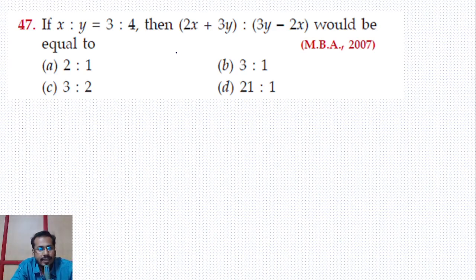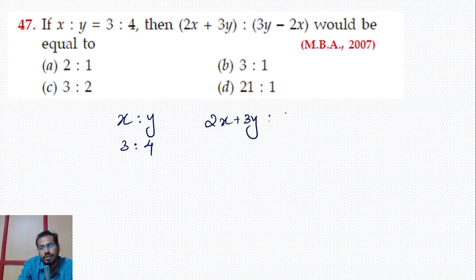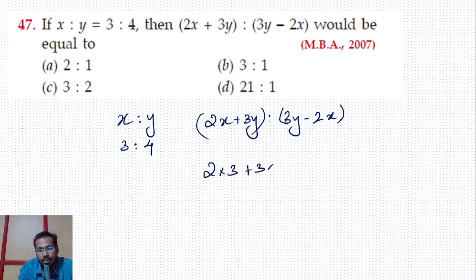Okay. Next, if x is to y is equal to 3 is to 4, then 2x plus 3y is to 3y minus 2x would be equal to. So 2 into what is x? 3. Plus 3 into what is y? 4.